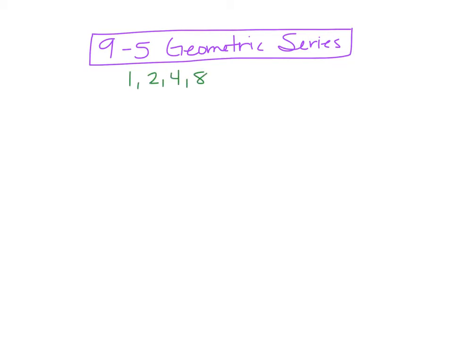I'm multiplying by 2 each time, but with commas in between. I'm just talking about the sequence. The series is when you add them together. 1 plus 2 plus 4 plus 8. Okay, so this is a sequence. This is a series. All right, so we are going to talk for a little bit about geometric series.